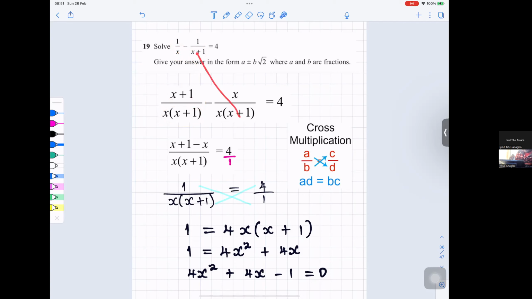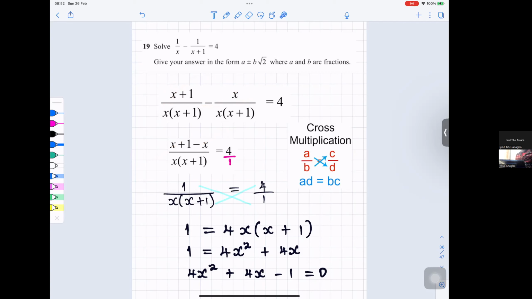When you divide by x plus 1, the x plus 1 disappears, and you multiply by 1, you get x. Now, since they have a common denominator, x bracket x plus 1, we put the numerators together. x minus x is 0. So you get 1 over x bracket x plus 1 equals 4 over 1.